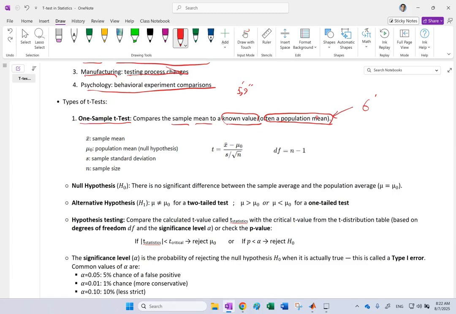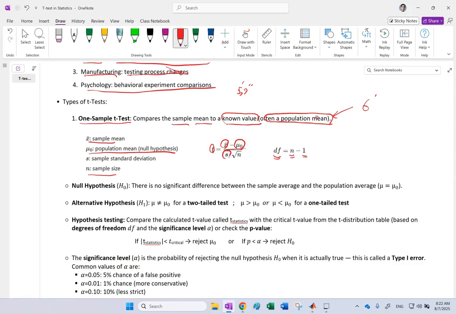Now, here you need to calculate two numbers. One of them is called degrees of freedom, which in this case is the number of data in your sample minus 1. So n is the sample size. The other one is called the t-statistic, which is calculated by the difference between your sample average and the population average, divided by this kind of normalized sample standard deviation.